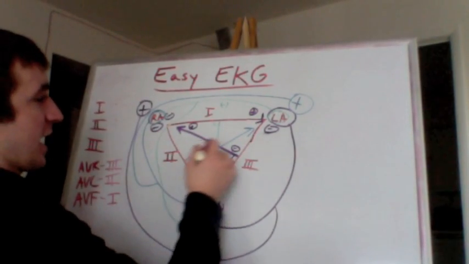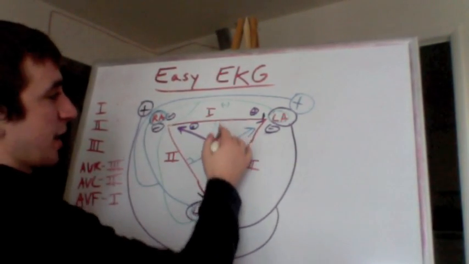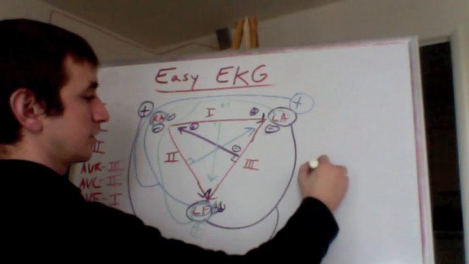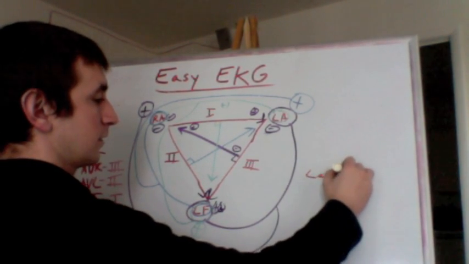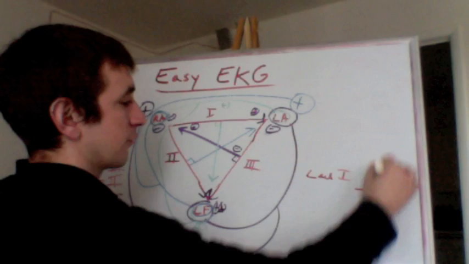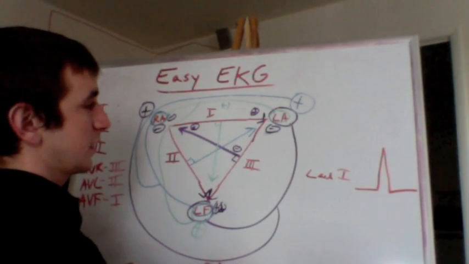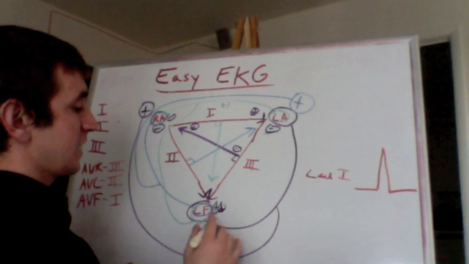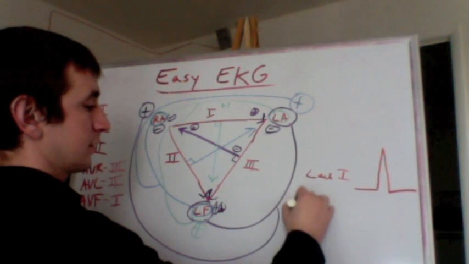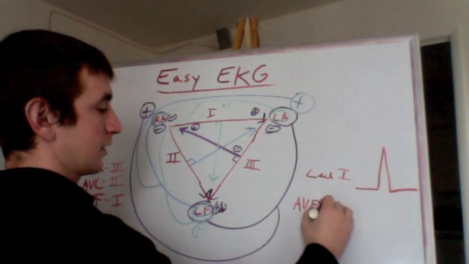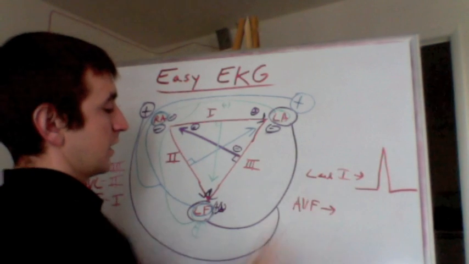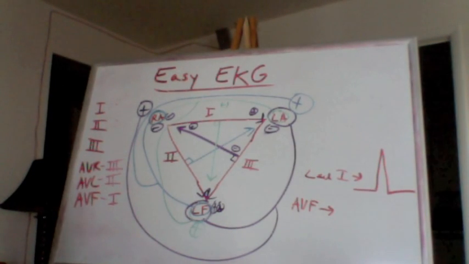If you have a positive spike in lead 1, okay, so lead 1 has a real big positive spike, what do you think lead AVF would be? Is it going to be really, really positive? Is it going to be really, really negative? Or is it not going to have anything at all?